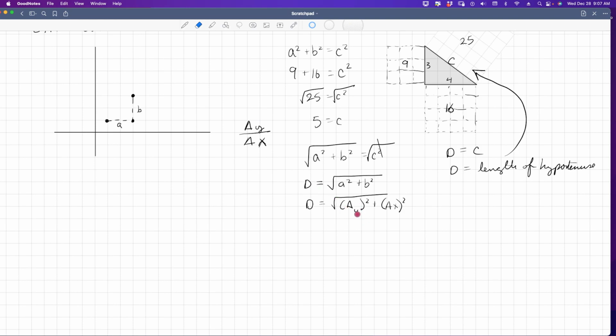Honestly, I'm probably going to type this into the system as the change in x squared plus the change in y squared, because when we write our points, they're x, y, and that's just the order that I'm probably going to come at them, in the order from left to right. Plus, it helps you to keep the formula straight and to know what you've done.